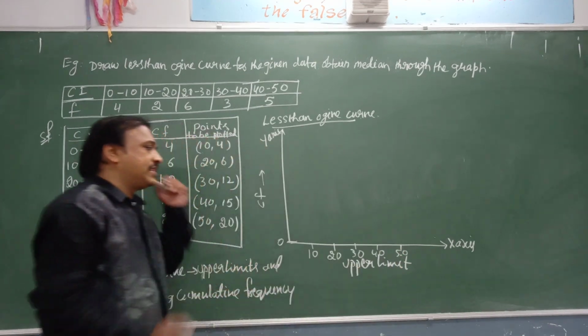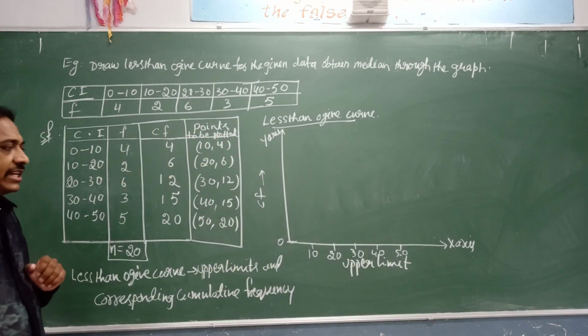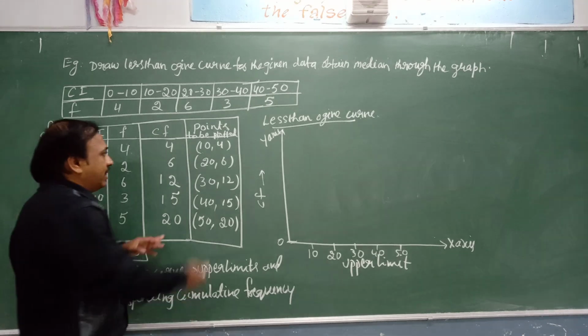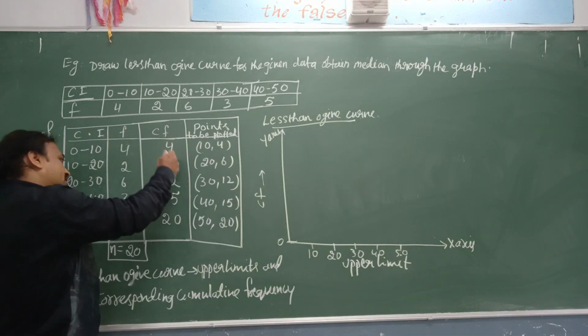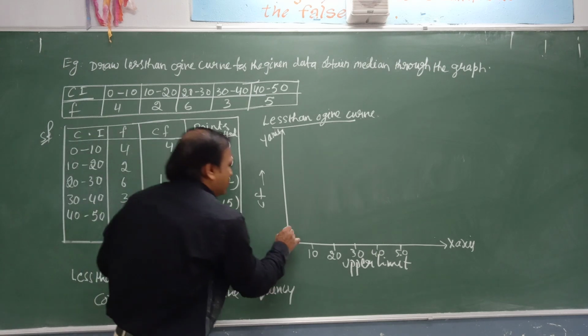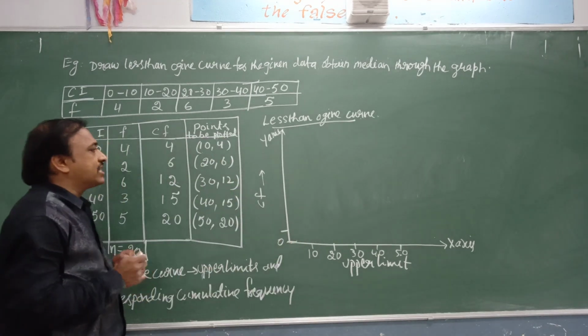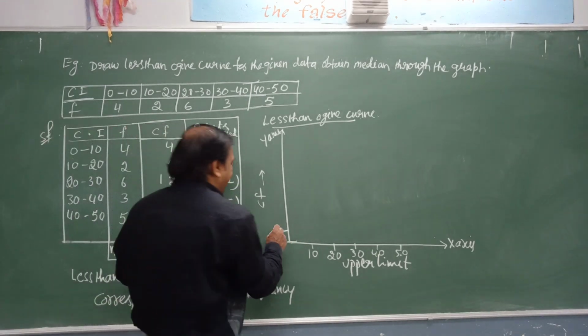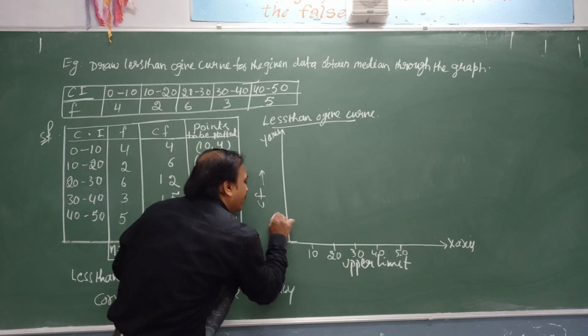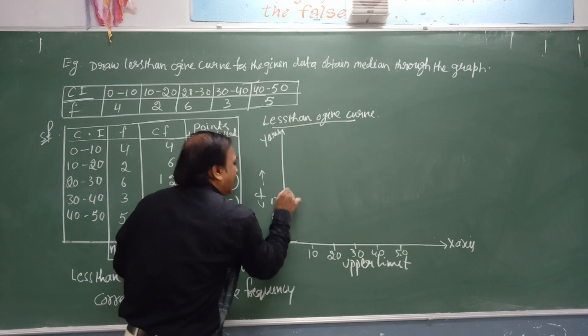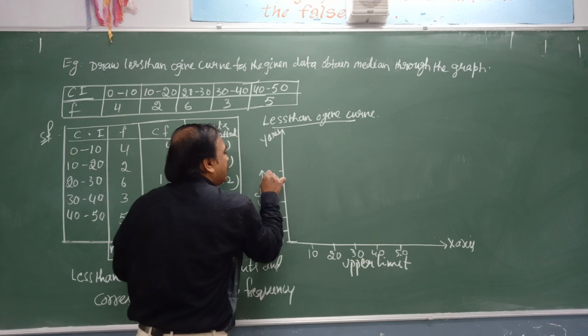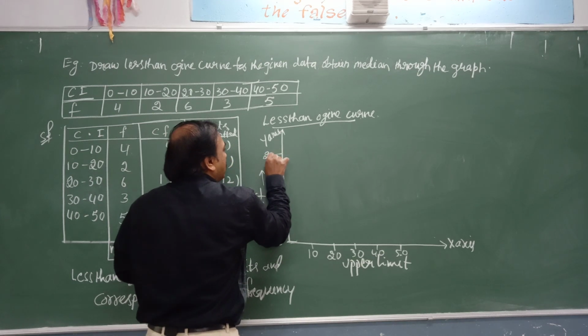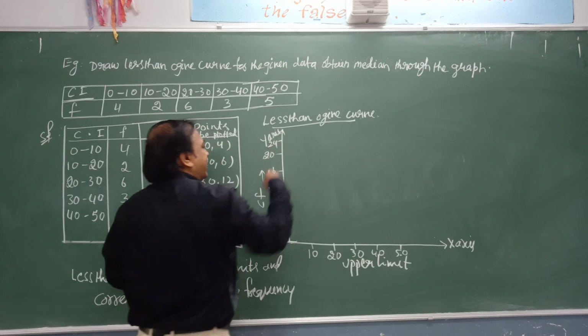These are the upper limits. Now cumulative frequencies we have 4, 6, 12, 15, 20. These are multiples of 4 also, you can take 4, 8, 12, 16, 20, 24.